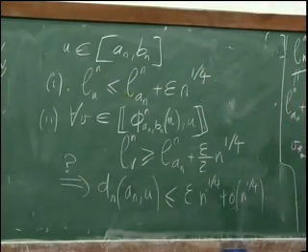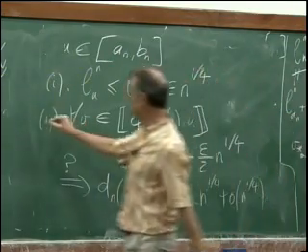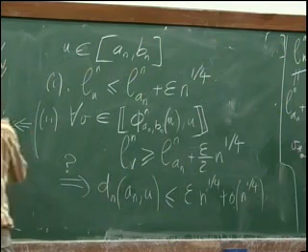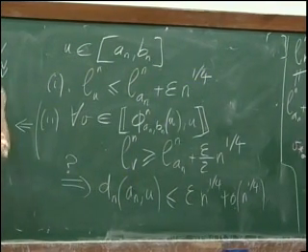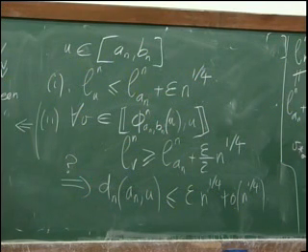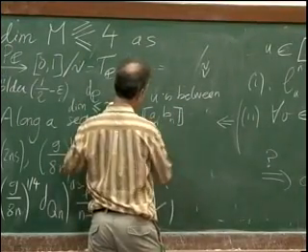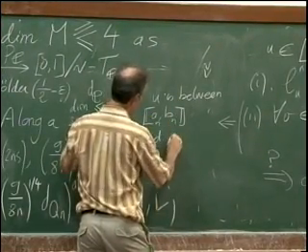Okay? So the property 2i, how do we use it? Property 2i implies that u is between the line segment between an and bn and gamma n.